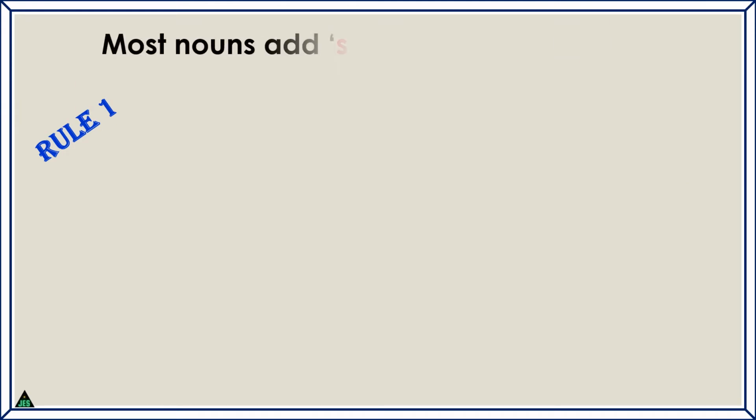Most singular nouns add an s at the end of the word to form their plurals.